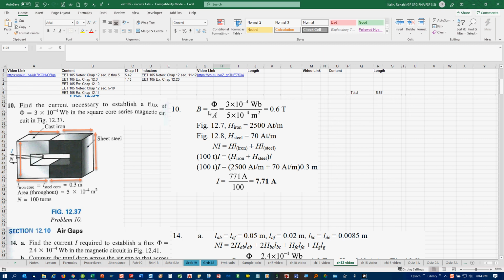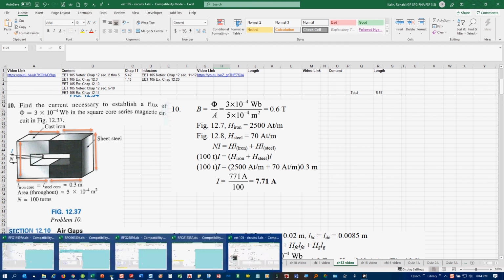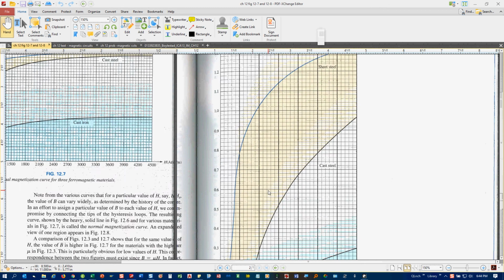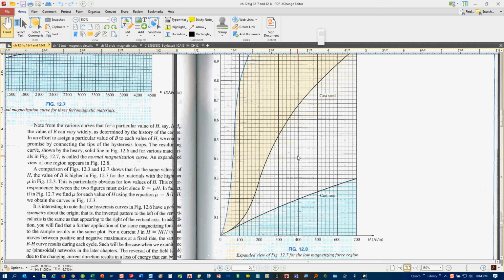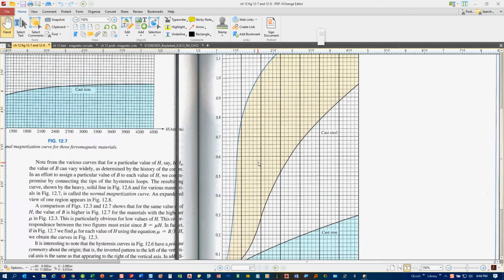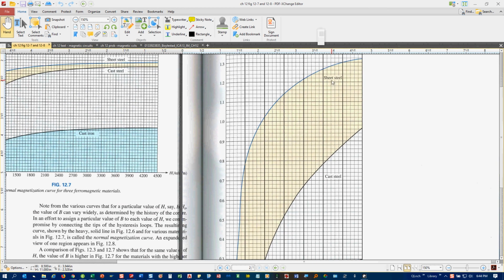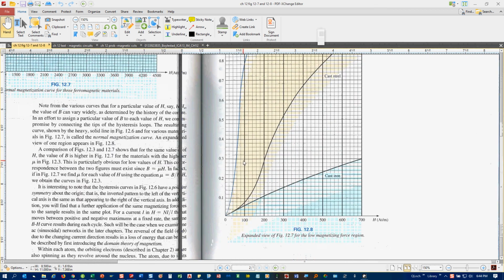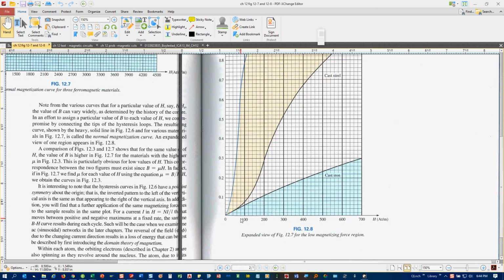And that would be at the same flux density, 0.6 Teslas. So let's go back to that. 0.6 of cast steel. Or no, that was sheet steel. I'm sorry. Sheet steel is this curve right here. And then 0.6 would be about right here. And if we go straight down to there, they're saying it's about 70.